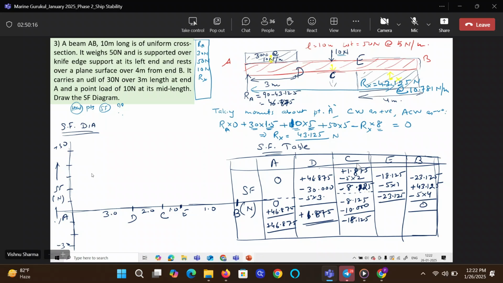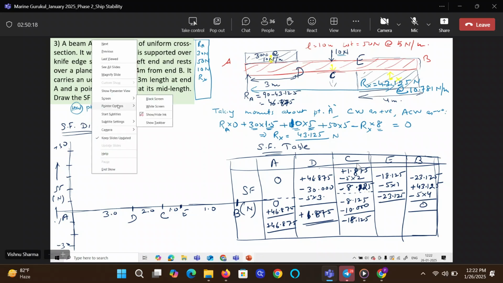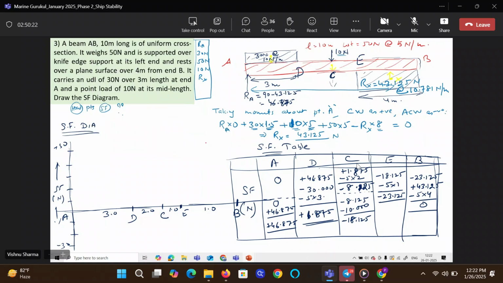And now, guys, I'll just first put the points, and then in discussion with you, I'll join them and we'll complete the SF diagram. We'll have 0, which will be joined with plus 46.875 somewhere else. Then we'll go to plus 1.875.